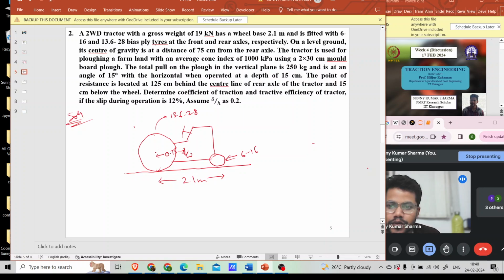The tractor is used for plowing a farmland with an average cone index CI of 1000 kilopascal, using a 2 into 30 centimeter mouldboard plow.